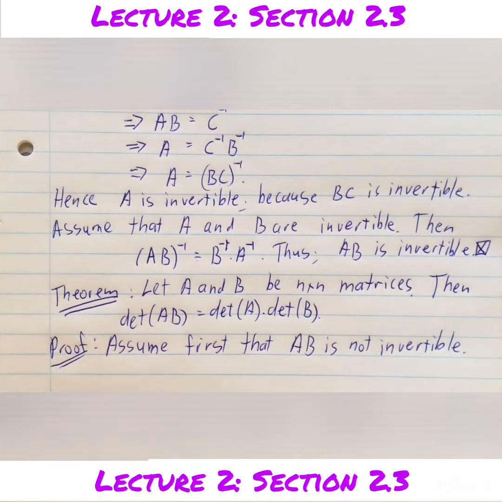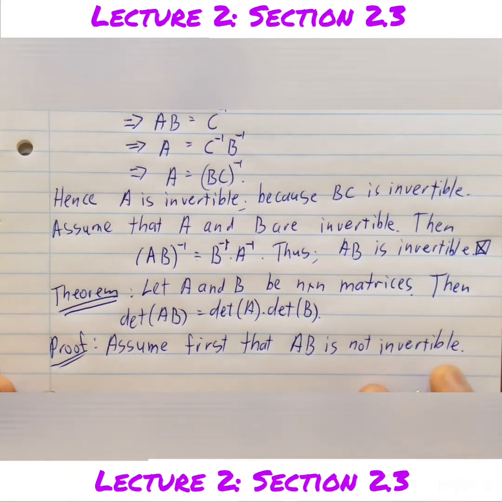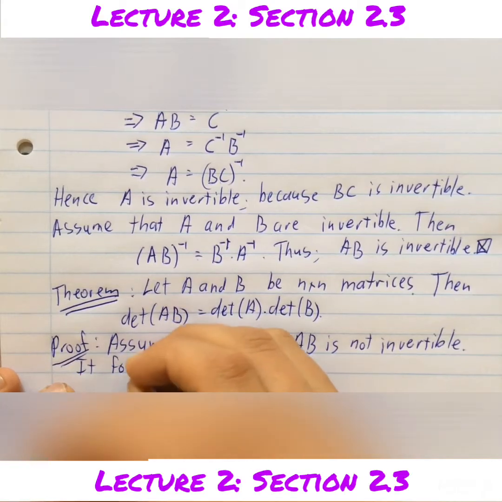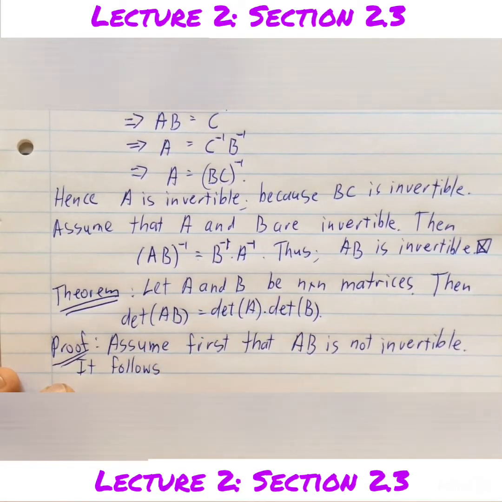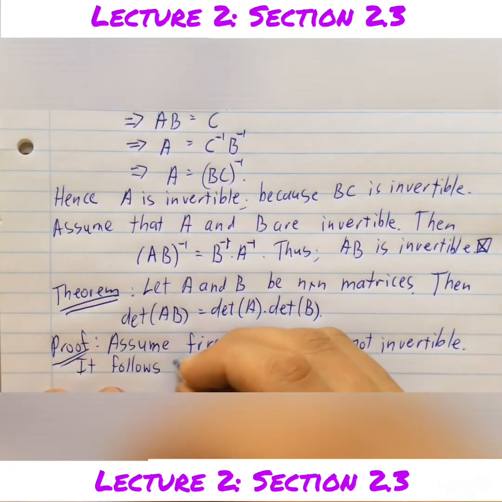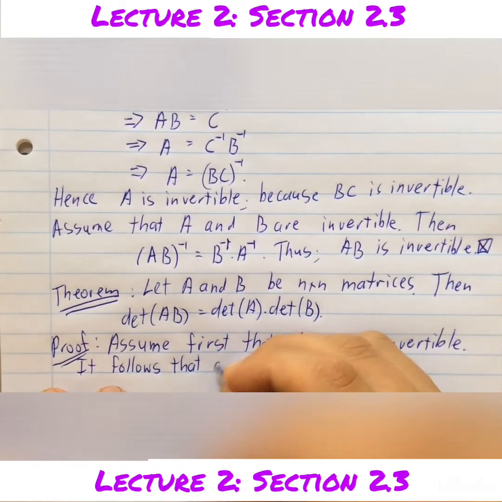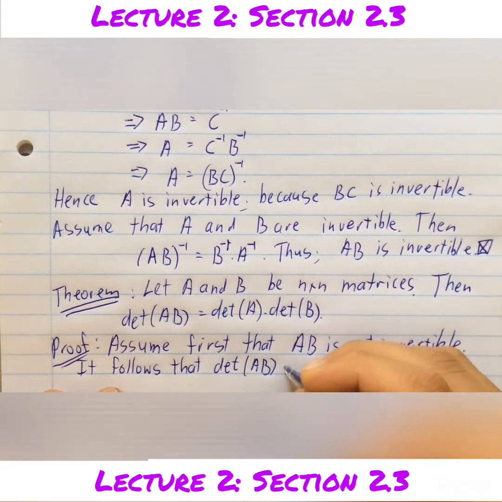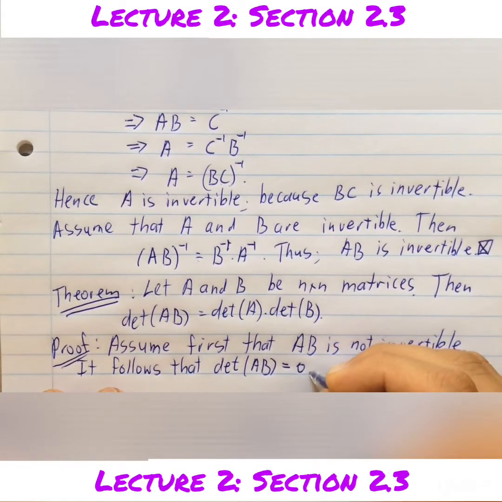Now, we said previously that if a square matrix is not invertible, it means that its determinant is definitely going to be 0. That follows from the previous theorem we did. It follows that the determinant of the product between A and B is going to be 0.